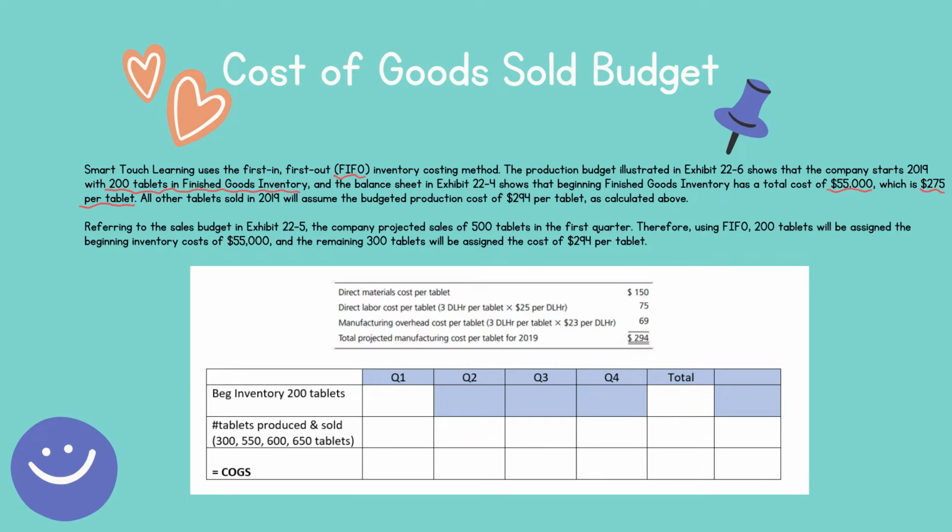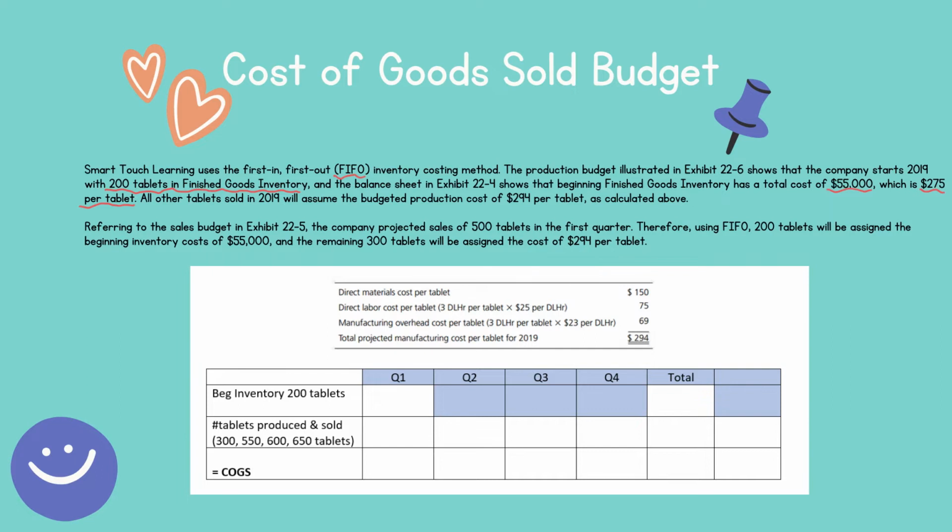So as I told you before, in the balance sheet you have finished goods inventory of $55,000, which is 200 tablets or 200 units multiplied by $275, and this is the cost per unit.